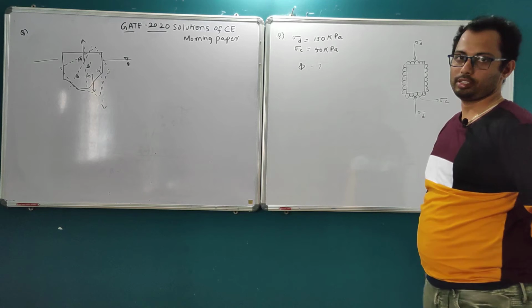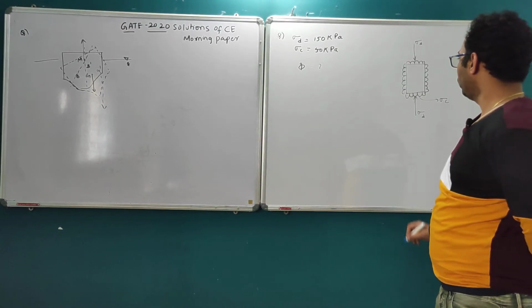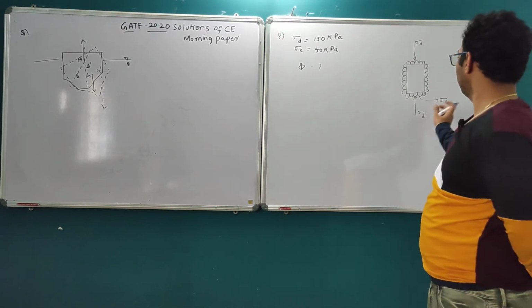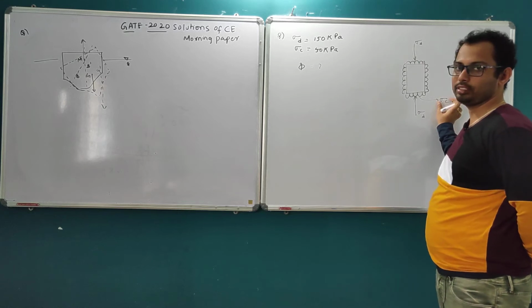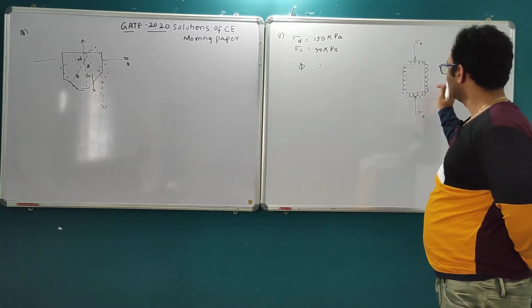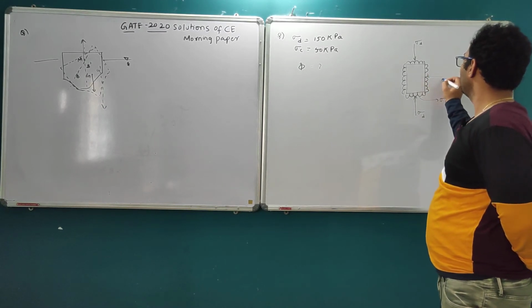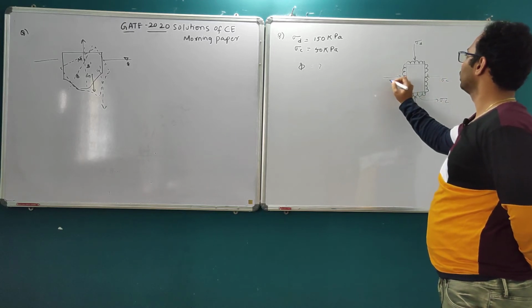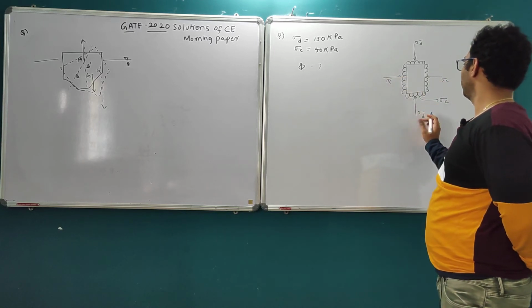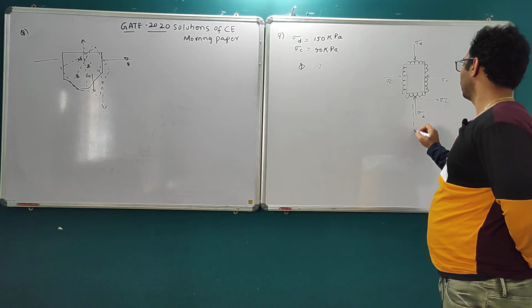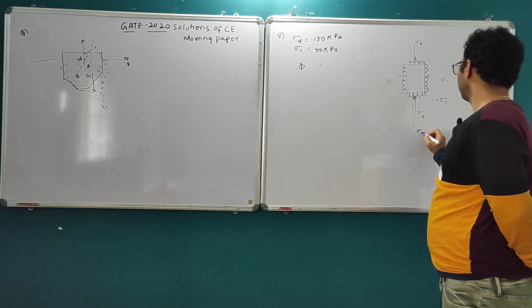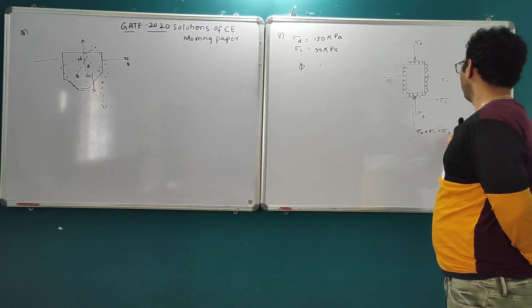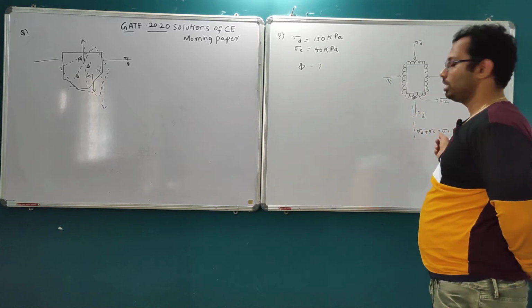Sigma c is the minor principal stress, and sigma d plus sigma c is the major principal stress.